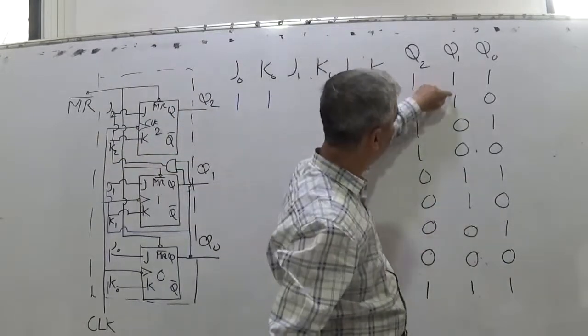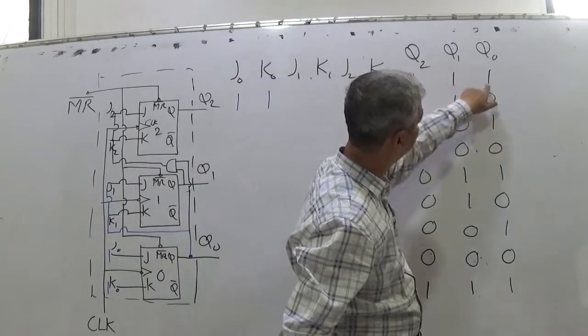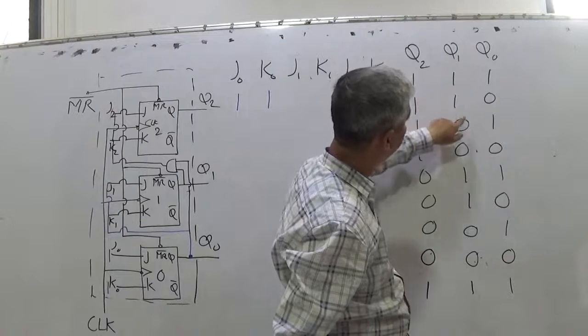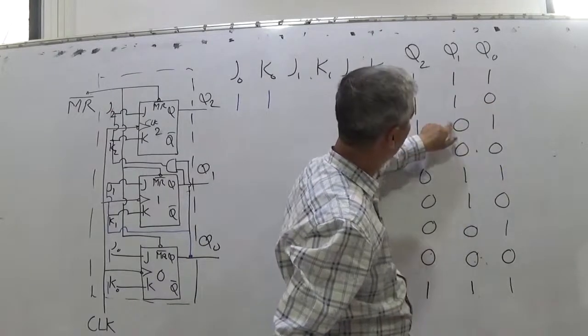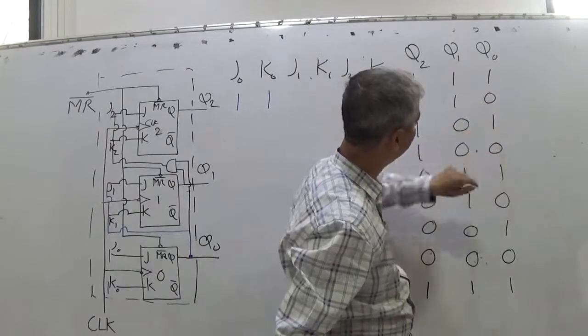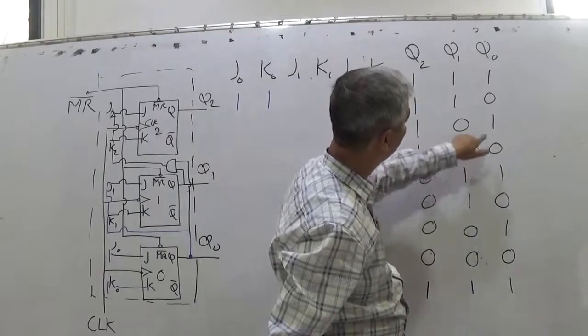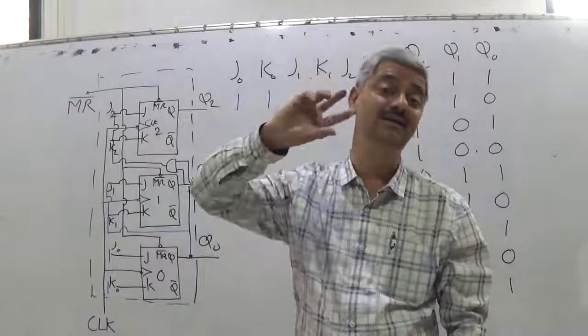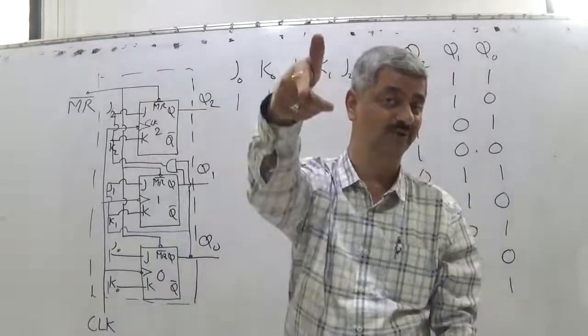Q1 continues when Q0 is 1. Q1 toggles when Q0 is 0. Q1 continues when Q0 is 1. Q1 toggles when Q0 is 0. So very simple, exactly reverse of the up counter.